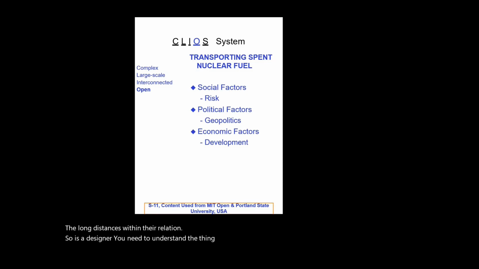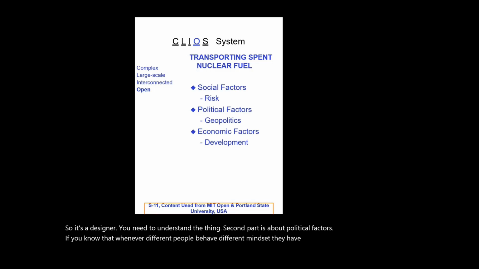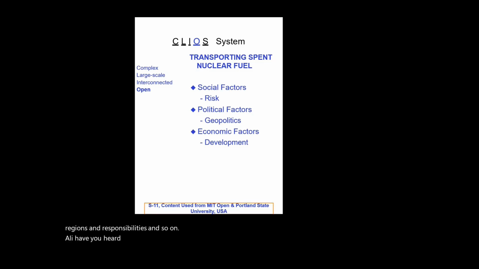Second part is about political factors. As you know, different people have different mindsets, different visions and responsibilities and so on. Ali, have you heard about Xinjiang province in China? Xinjiang is basically Turkish dominant, where they have more Muslim people, Muslim inhabitants.